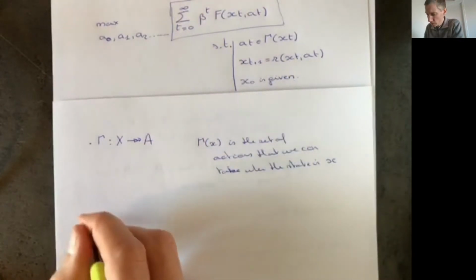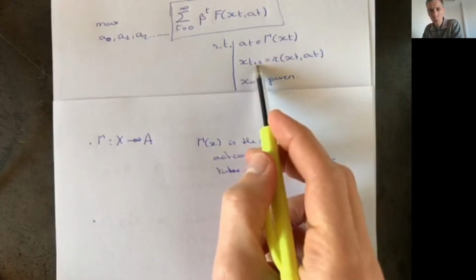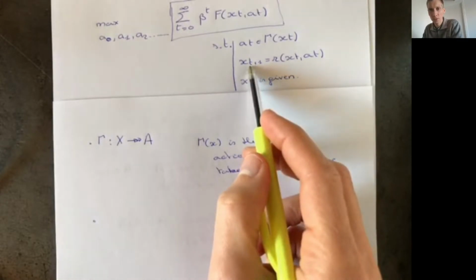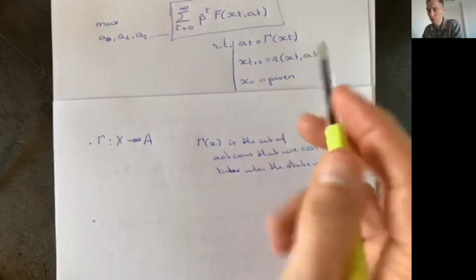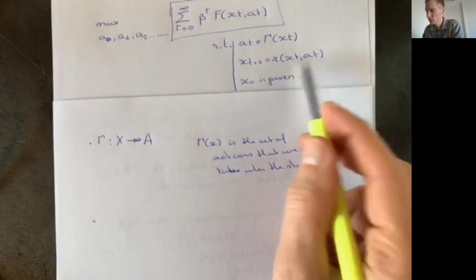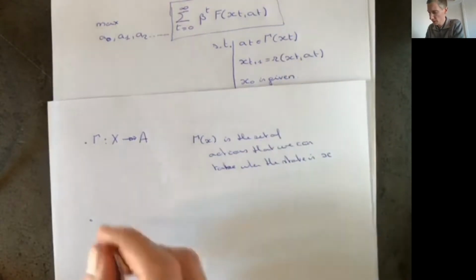Then the second constraint says that xt plus 1, so this is the state in the next period, is equal to R. This is a function of the state today and the action taken today.